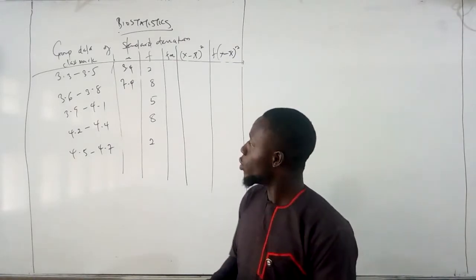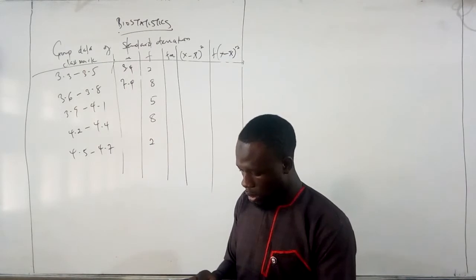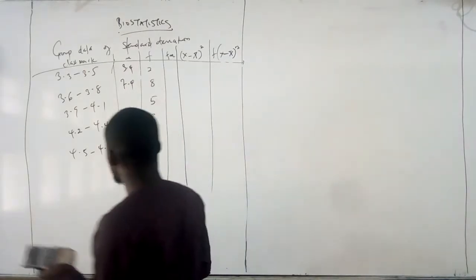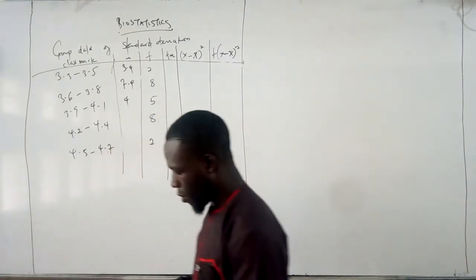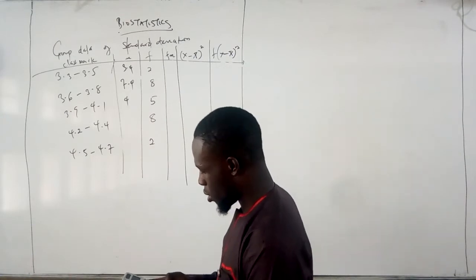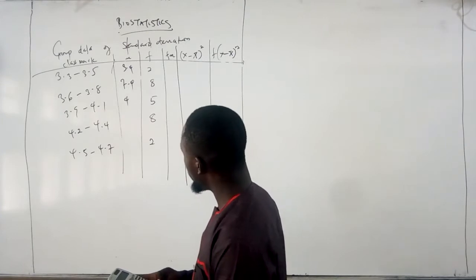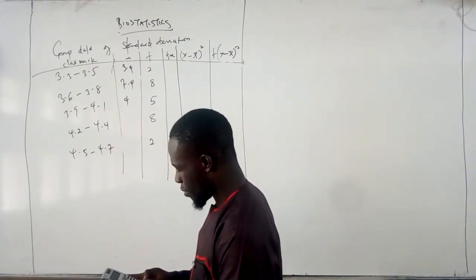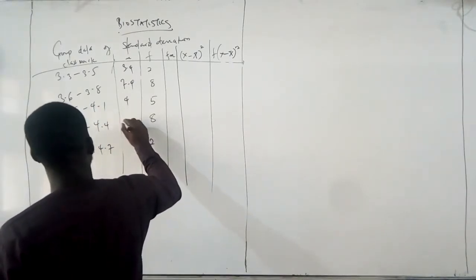The third one, 3.9 plus 4.1 divided by 2, is 4. Then 4.2 plus 4.4 divided by 2 gives us 4.3.